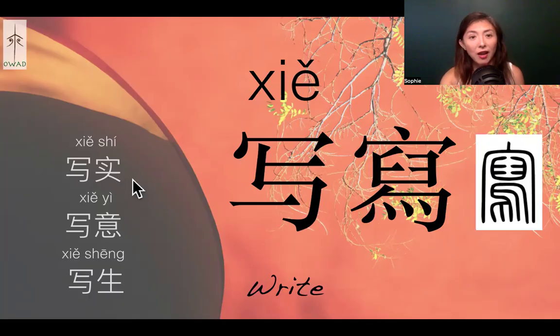写实, 实 means solid. 写实 means you're realistic in your wording, kind of reporting things, talking about things as realistically as possible. That's 写实, because we have this contrast as 写意, which means metaphorical, like you didn't report things in your story.